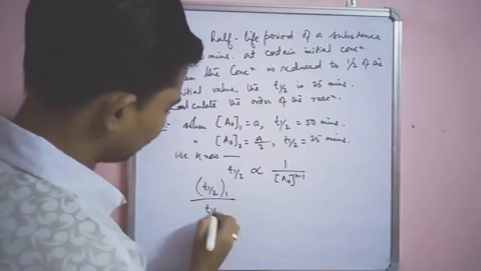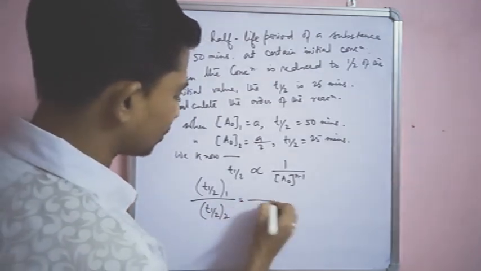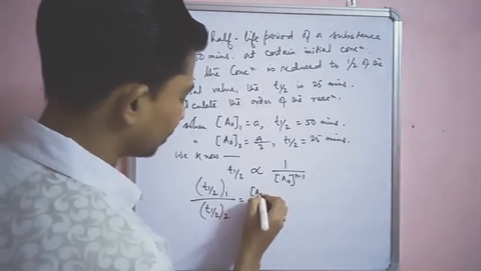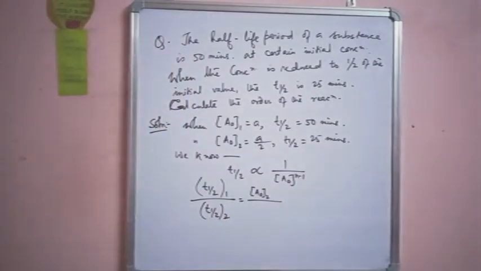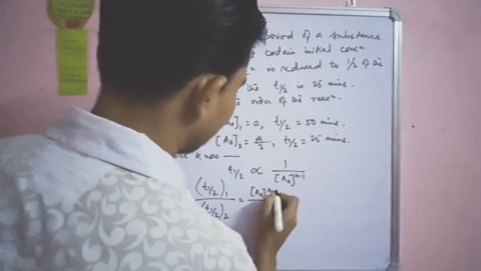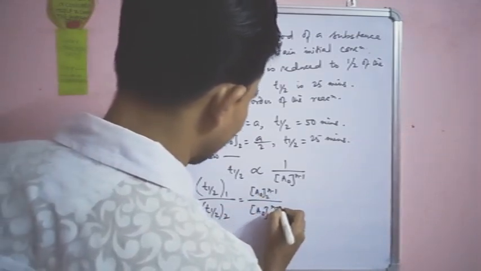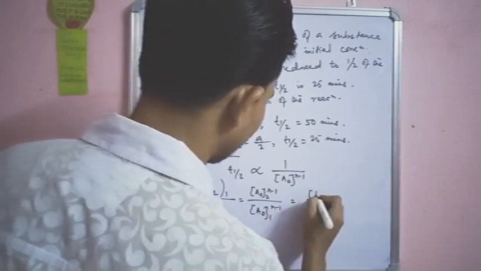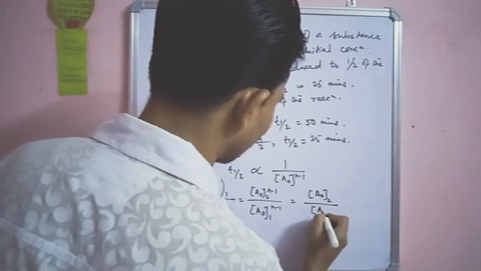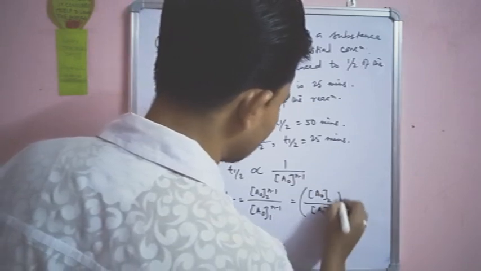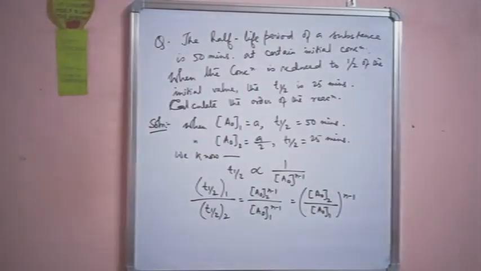T half 2 is equal to, यहाँ पे आ जाएगा a naught 2 to the power n minus 1, और यहाँ पे आ जाएगा a naught 1 to the power n minus 1, which is equal to a naught 2 by a naught 1 whole thing to the power n minus 1. Okay, so this we have got.